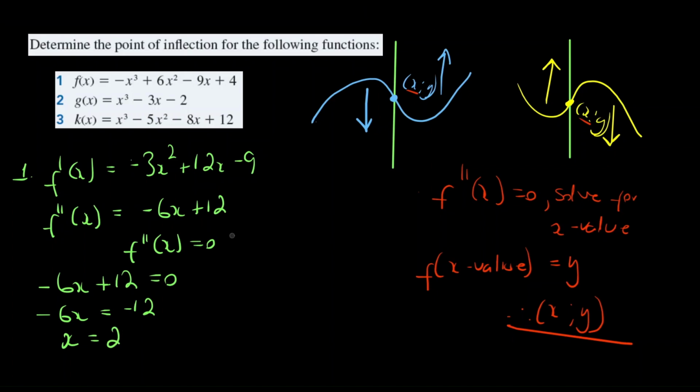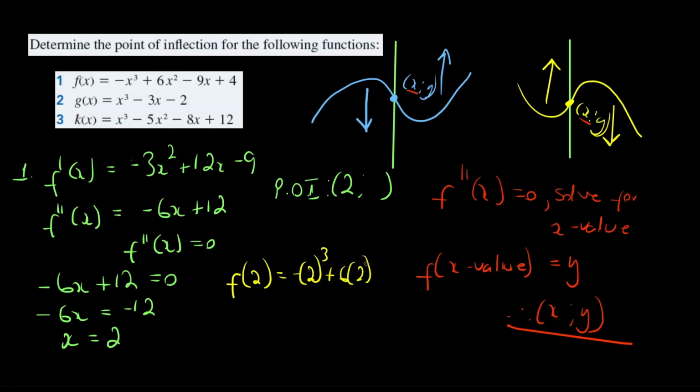So we found, we'll refer to the point of inflection as POI, so far we found the value of x. We don't know what the y value is, so we substitute x into the original function of f, which will be f of 2. Where there's x, we substitute 2.